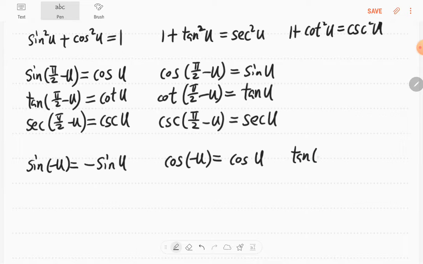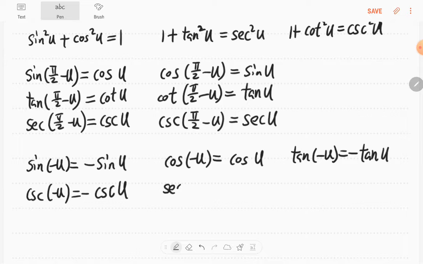Tangent of negative u is equal to negative tangent u. Cosecant of negative u is equal to negative cosecant u. Secant of negative u is equal to secant of u. Cotangent of negative u is equal to negative cotangent of u.